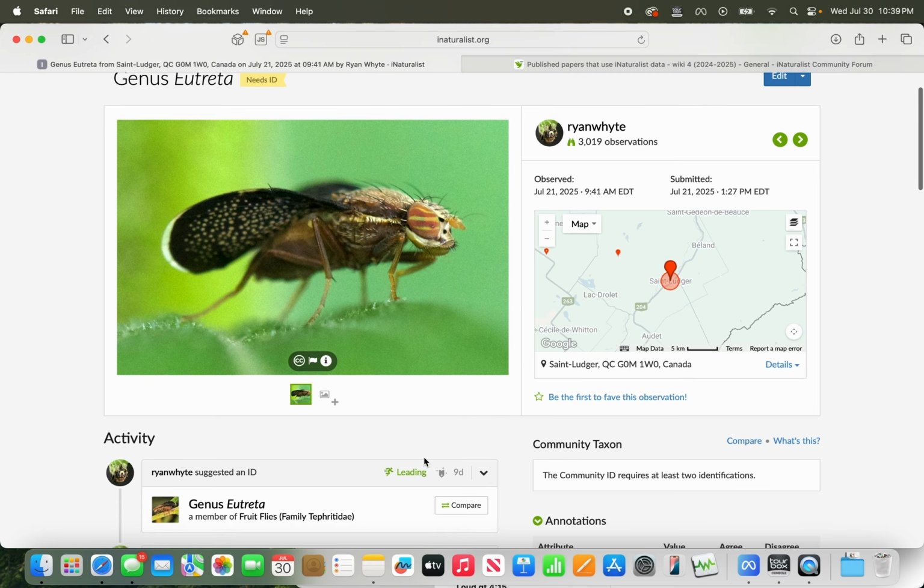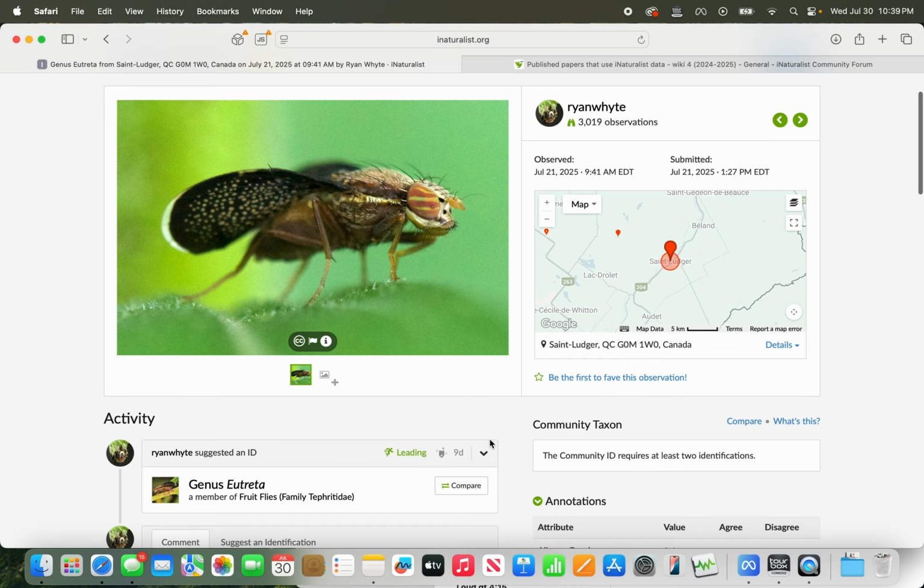And so here I'm not strong on dipterans, on flies, so here I relied on the machine to suggest an identification for me, and that is indicated by this little icon here. It means that I used the machine to suggest this identification, genus Eutreta, a kind of fruit fly.